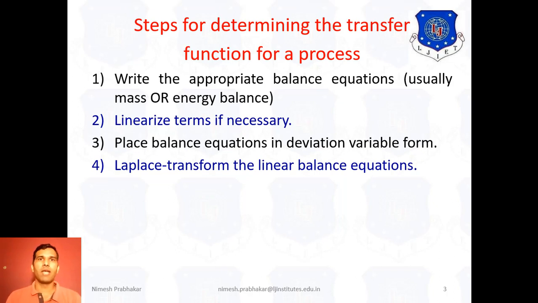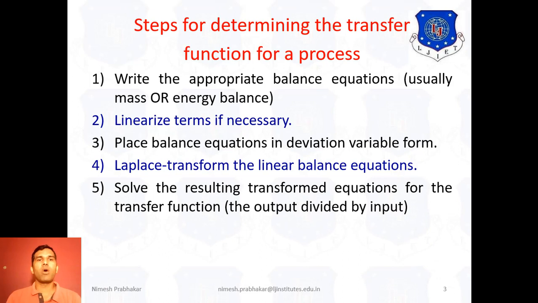Then the last step is to solve the resulting transform equation for the transfer function, that means find the output upon input in the Laplace transform form. So these are the basic steps for determining the transfer function of any process.